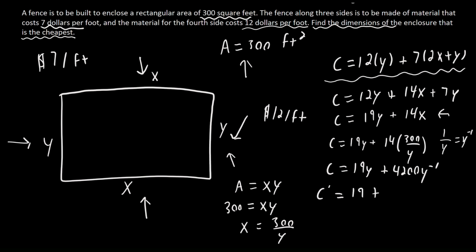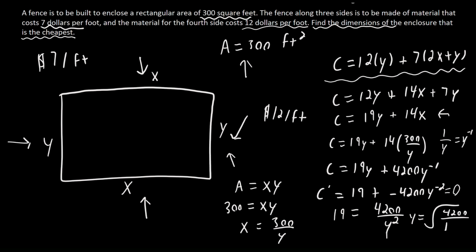We're going to get 19 plus negative 4,200 y to the negative 2. Now to find the critical points of cost, we're going to set this equal to 0 and solve for y. So we're going to get 19 equals 4,200 over y squared. y equals root 4,200 over 19.